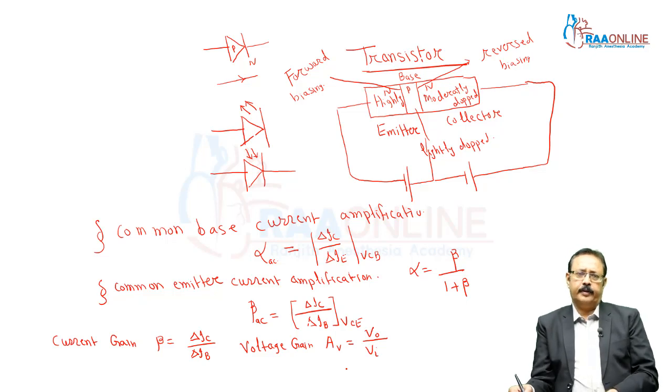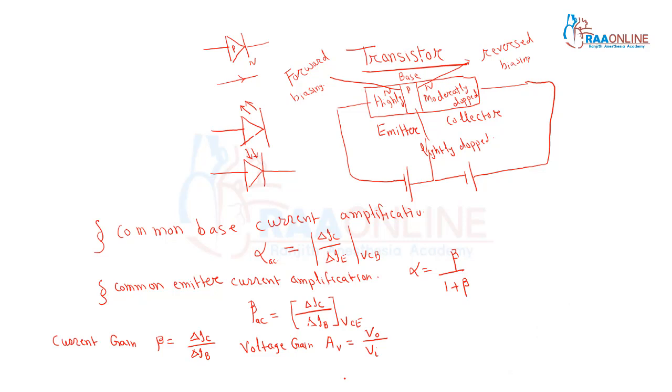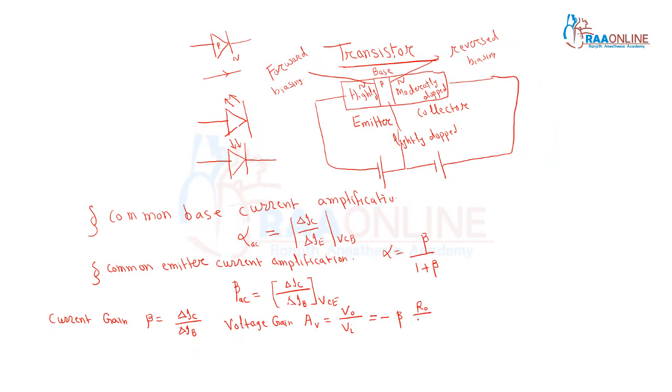What is input? It depends upon the circuit which we are using. So, I will give you a short trick so it is easy to learn. It is equal to minus beta, output resistance upon input resistance. Minus means output voltage and input voltage are in opposite phase.